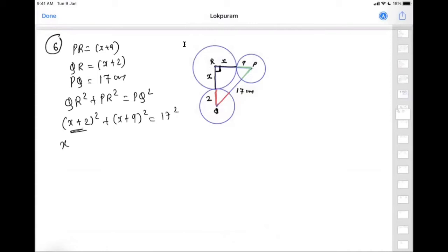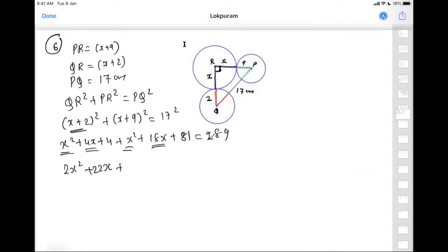We have to open this: x square plus 4x plus 4 plus x square plus 18x plus 81 is equal to 289. x square plus x square will become 2x square. 4x plus 18x is 22x, plus 85 minus 289 is equal to 0.